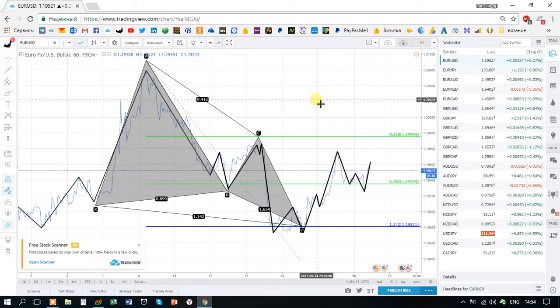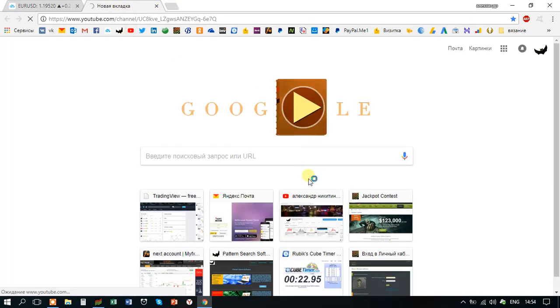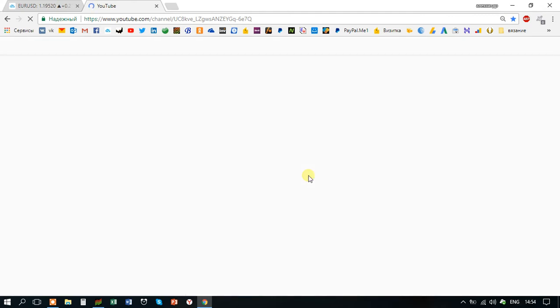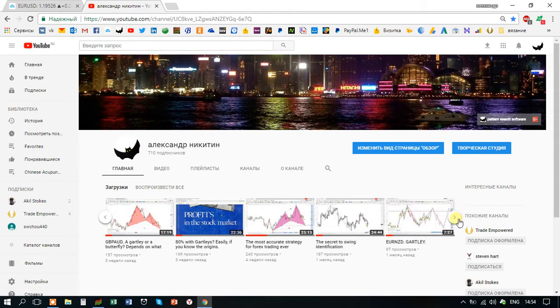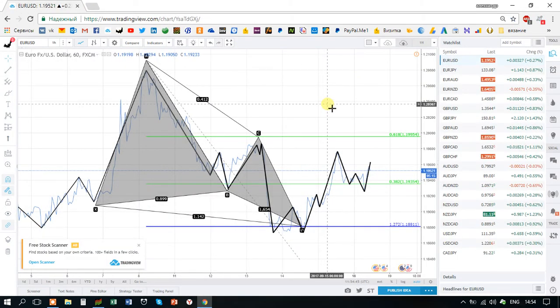That's it. So these lines are based on the close price. If you are interested, go to my YouTube channel and find that Secret to Swing Identification video, and you will get that in detail. After that, swings are identified.